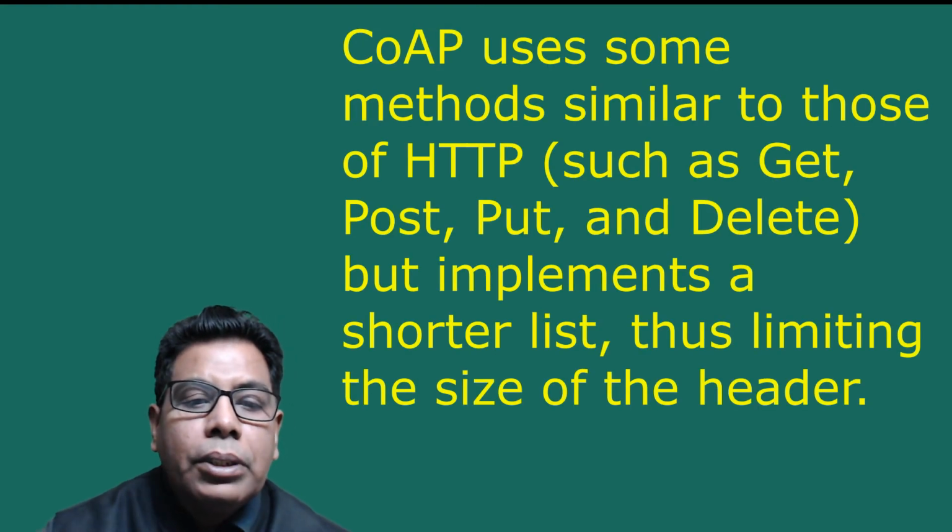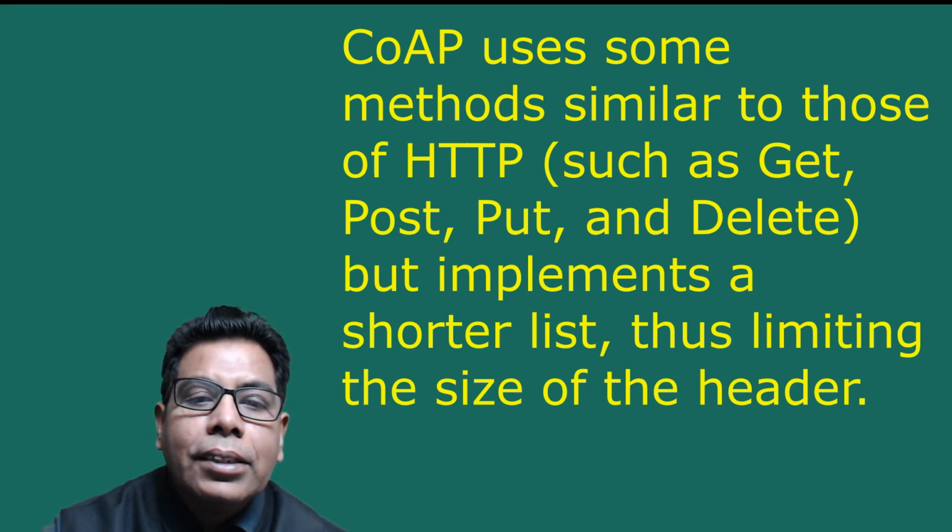To respond to the limits of web-based protocols, another protocol was created by the IETF Constrained RESTful Environments, that is, CoRE Working Group. The protocol was Constrained Application Protocol, CoAP. CoAP uses some methods similar to those of HTTP, such as GET, POST, PUT, and DELETE, but implements a shorter list, thus limiting the size of the header.